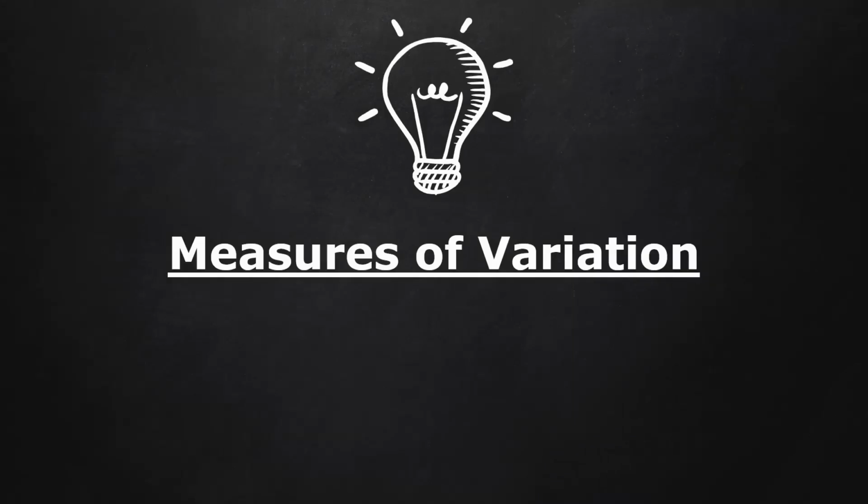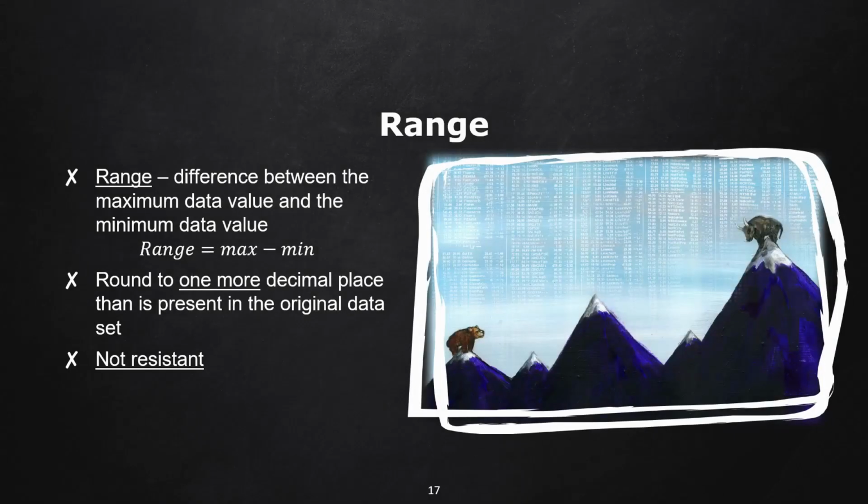Our next topic is measures of variation. So let's see what different kinds of measures we got for variation. The very first one here is the range. The range is the difference between the maximum data value and the minimum. And its formula is also very self-explanatory.